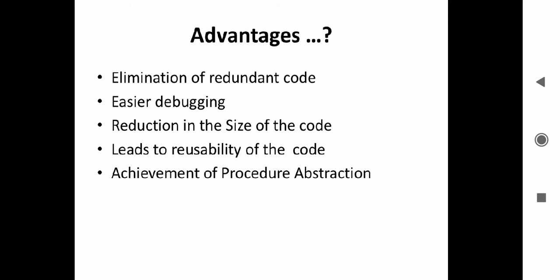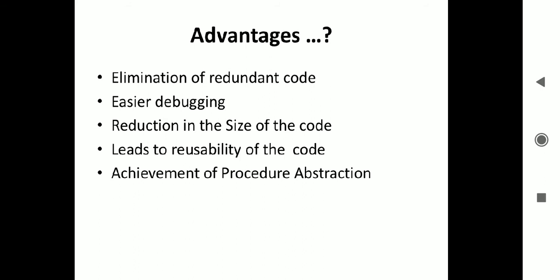Instead of that, you design those 15 lines in a separate user defined function, name it something like abc, and whenever you require, you just call the abc function. Whenever you call it, all those 15 lines will be executed, but physically those 15 lines exist only once, even in the object code. So it reduces redundant code.